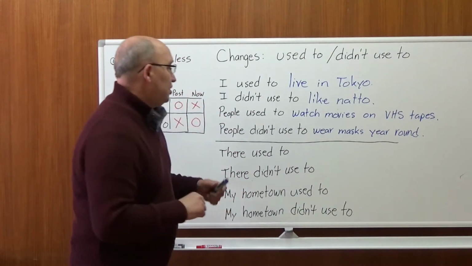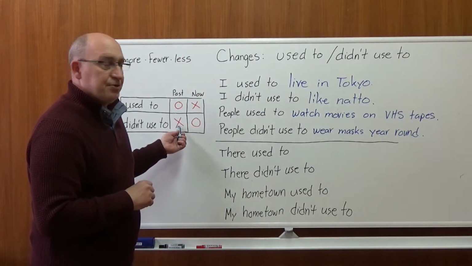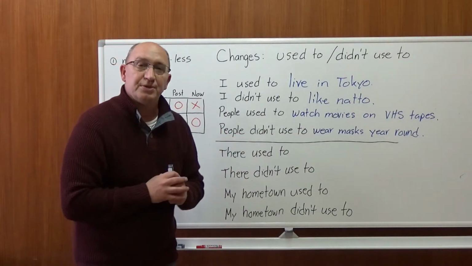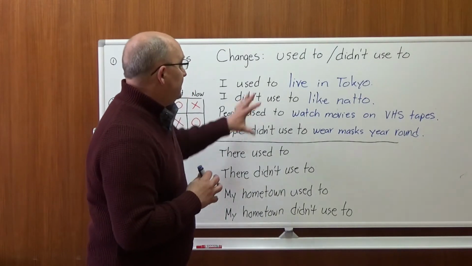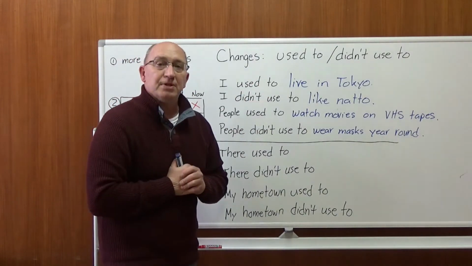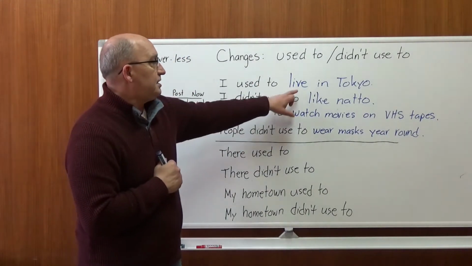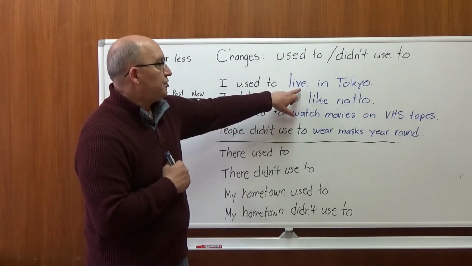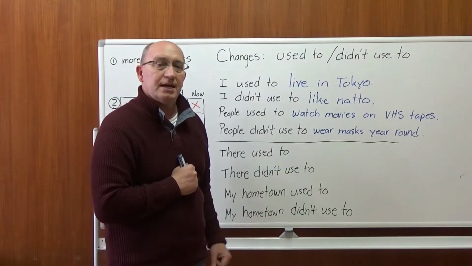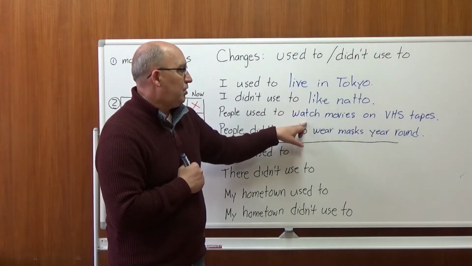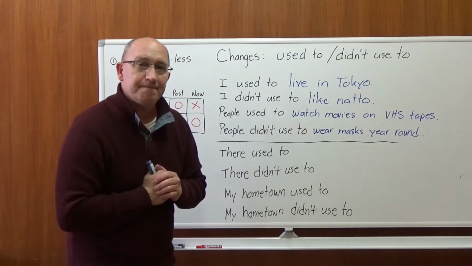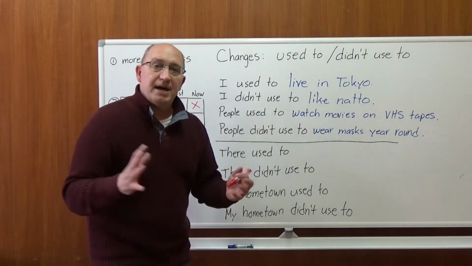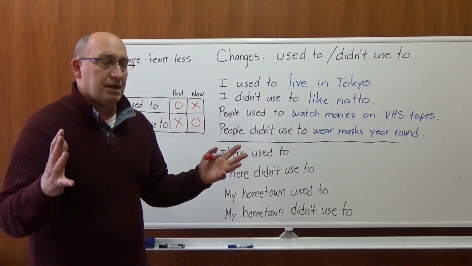So, of course, in the past, people did not do that. They did not wear masks, but now, of course, we do. So we're talking about some changes with people. The point is, after used to and didn't used to, it's always going to be an action. So live, like, watch, wear. Now, we can also use the same pattern to talk about maybe a place.